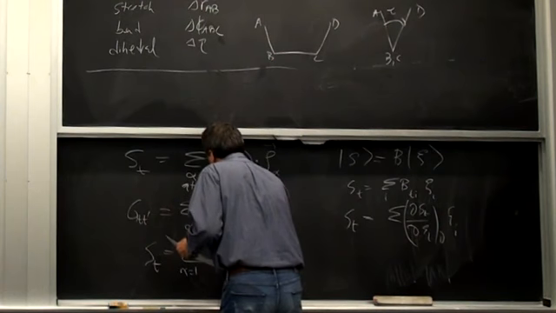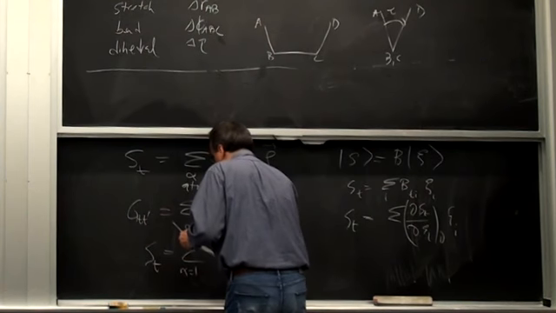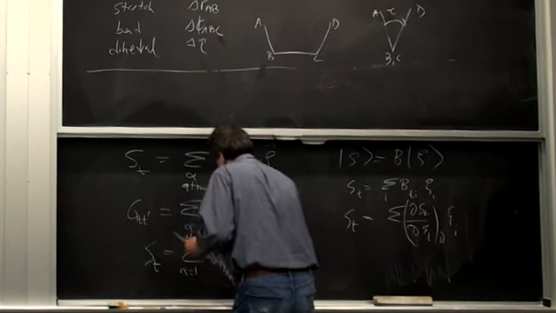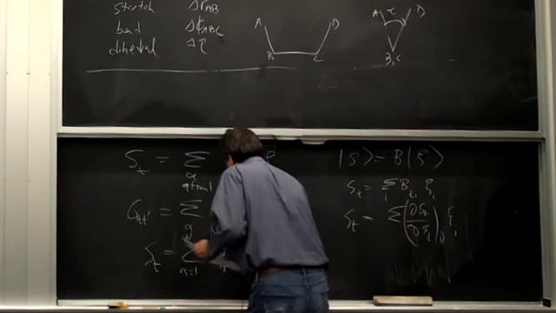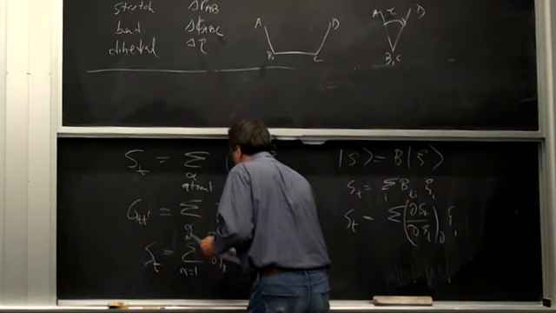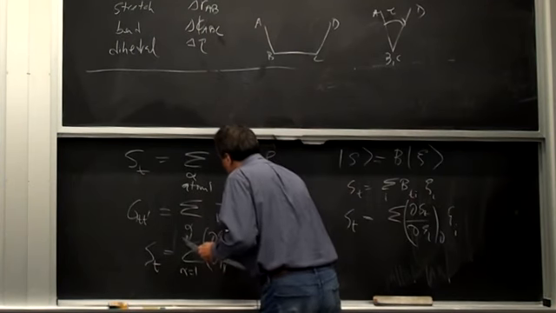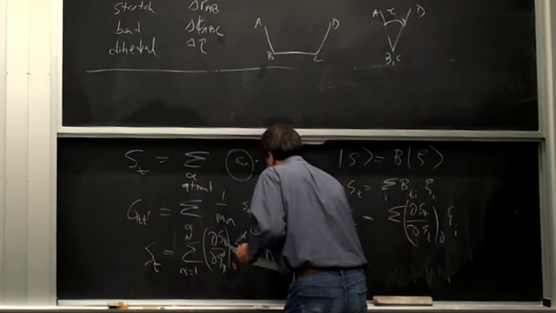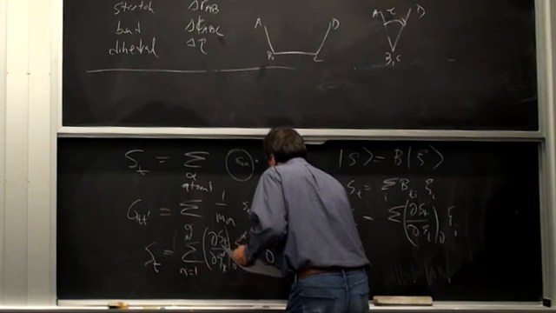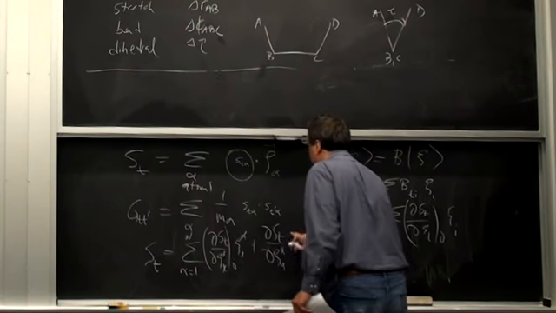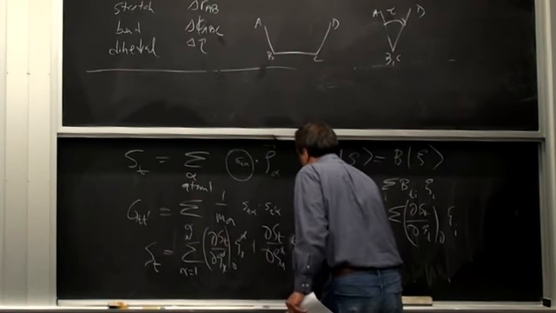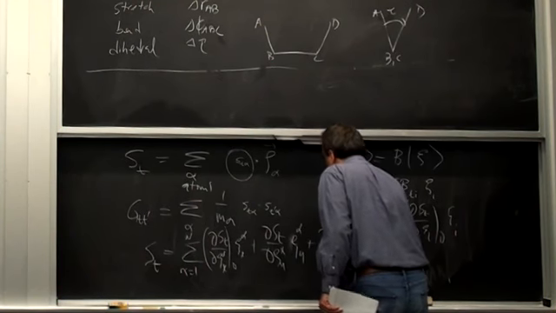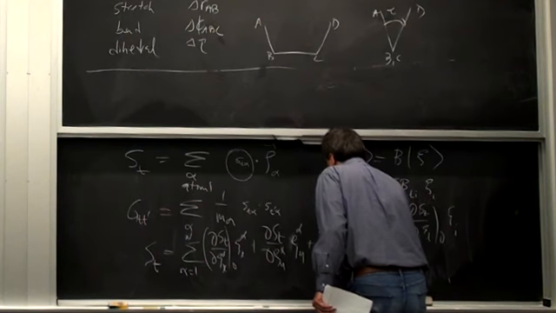And we have dS_t over d psi x alpha times psi x alpha, plus dS_t over d psi y alpha times psi y alpha, plus dS_t over d psi z alpha times psi z alpha.